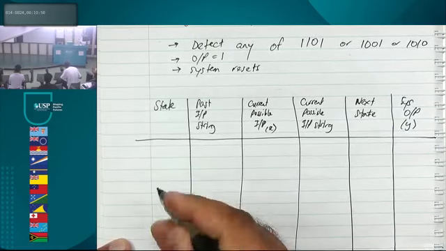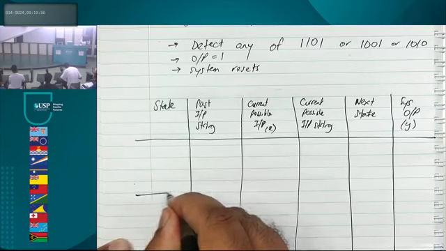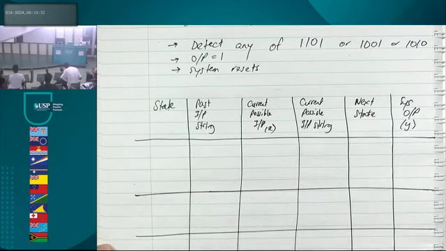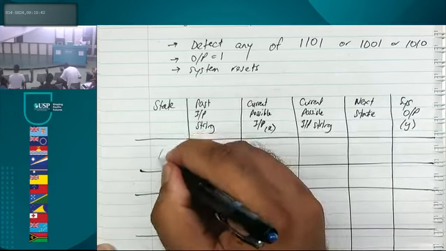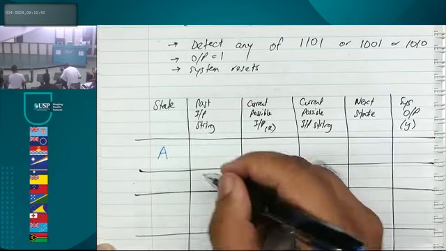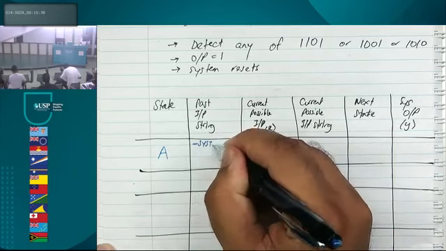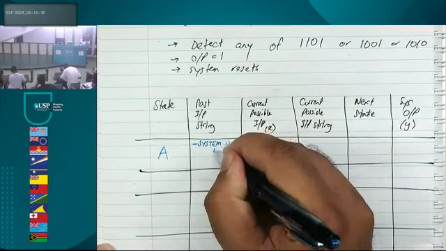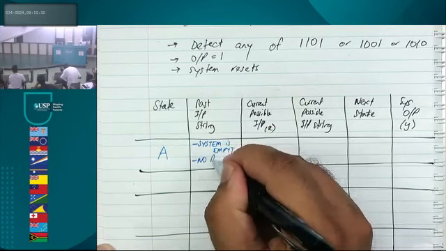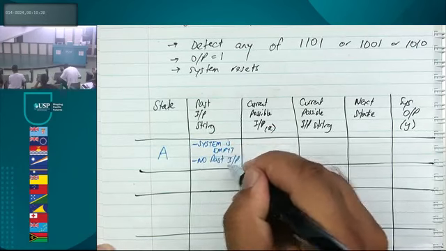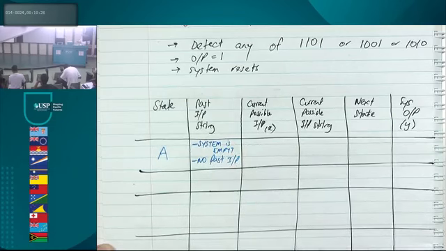All right, now, let's say state A, we say the system is empty, right? Or we could say no past inputs, current possible inputs.